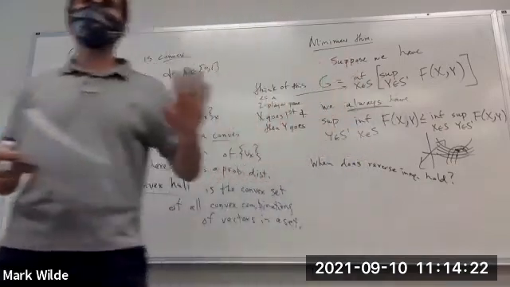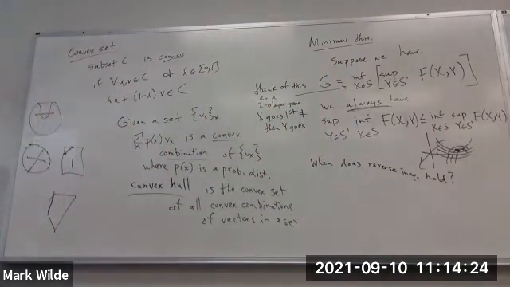I'm going to give you a simpler version of it than what's stated in the book. I believe the version I'm giving you is called the von Neumann Minimax theorem.